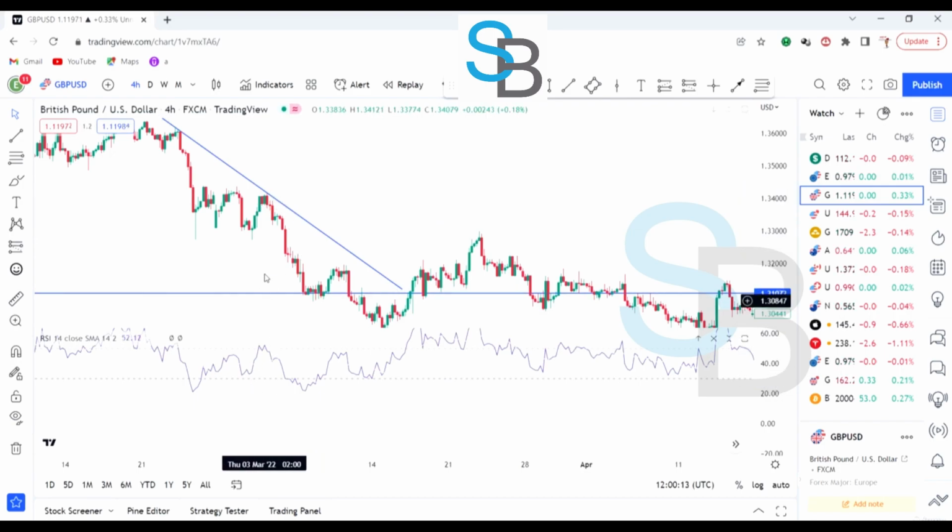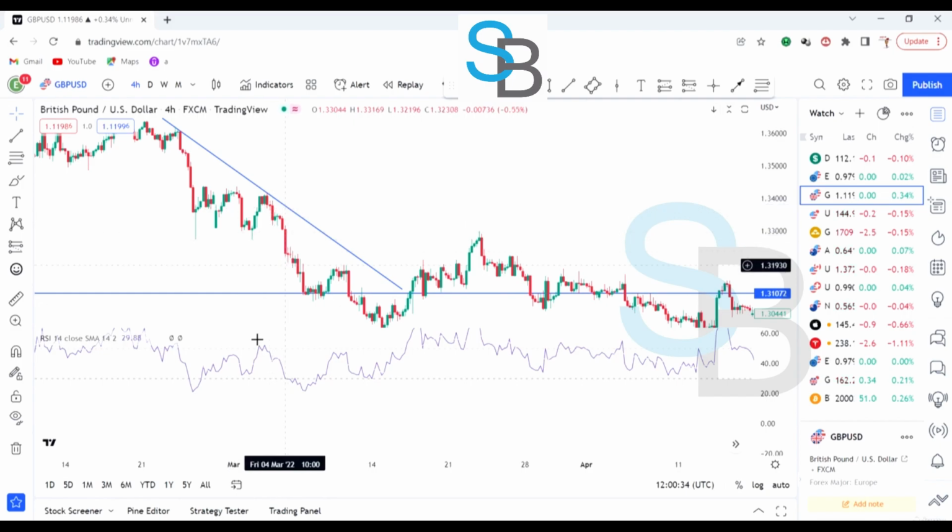As you can see, the market was making lower lows, and then it consolidated around this point and then came and tested this trend line while also being in the overbought region.